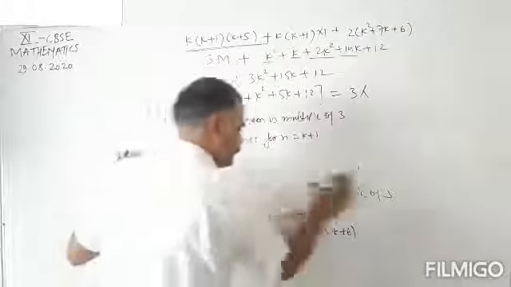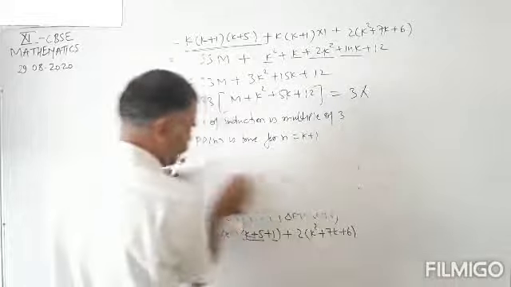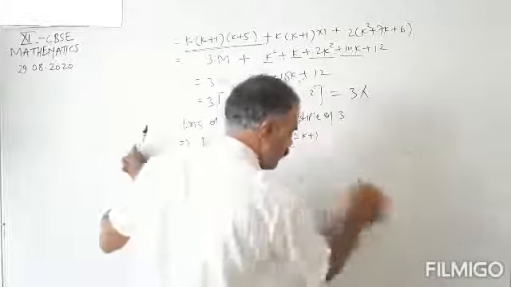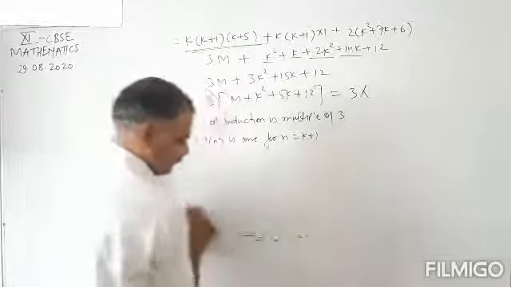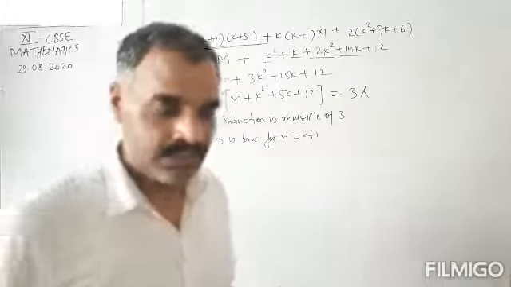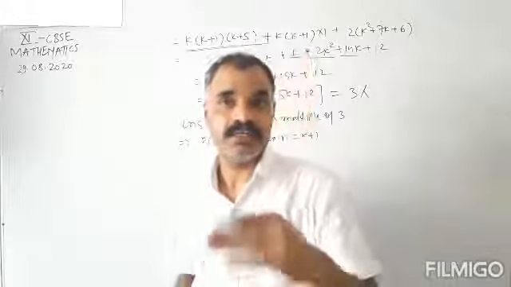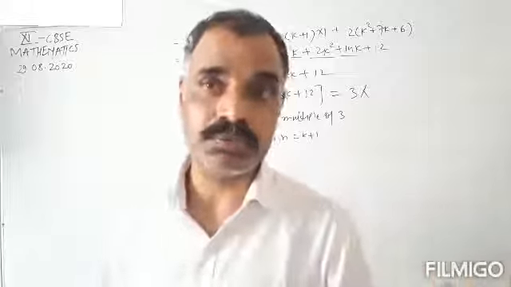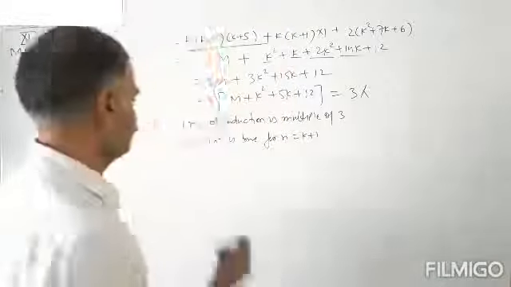Now what do we have to write down? In this process we have shown that the given statement is true for n equals 1, n equals k, and n equals k plus 1.